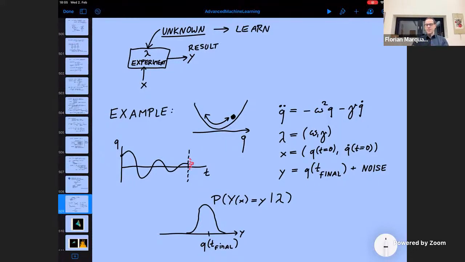And then finally, I run the experiment and I read off the coordinate of my particle at the final time, but there's some measurement noise on top of it, and that would be my measurement result y. And then taking everything together, this deterministic trajectory plus the noise in the end, I could indeed write down a probability distribution of the result y conditioned on where I measure, so x, and conditioned on my unknown model parameters lambda.